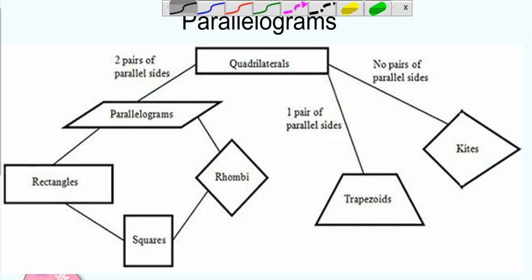All right, so today we're going to be talking about parallelograms. This is the start of our quadrilaterals unit. As you can see on the screen, parallelograms actually break off of quadrilaterals. The thing we need to know about what a quadrilateral is that it has four sides.